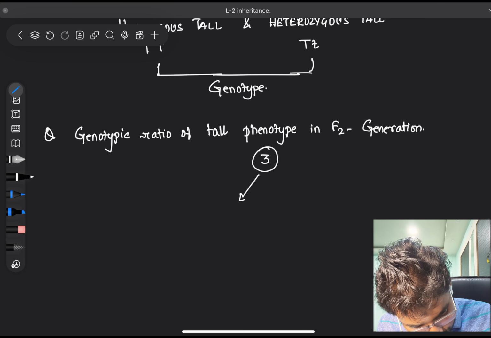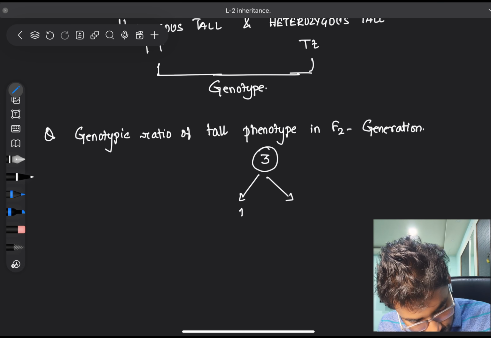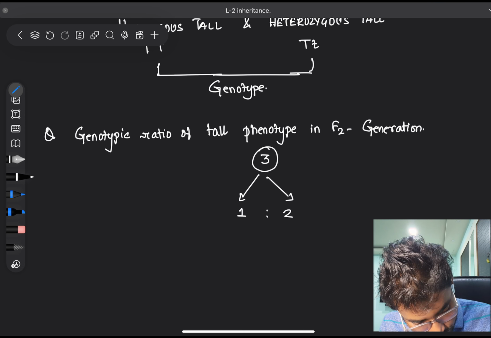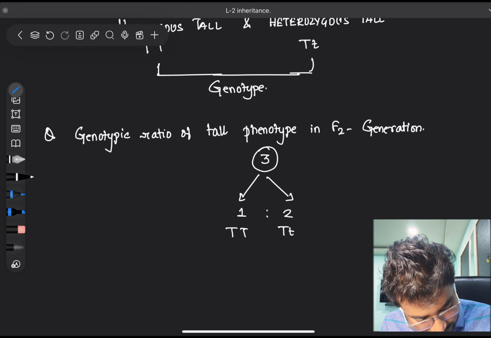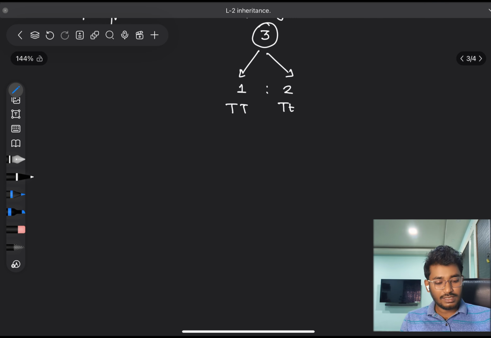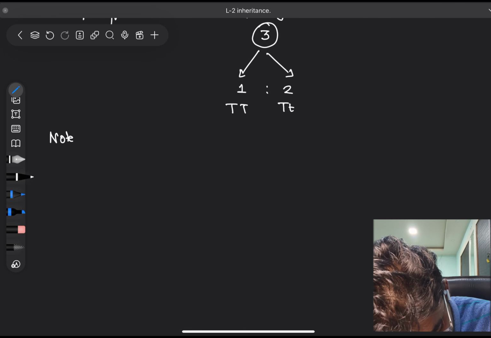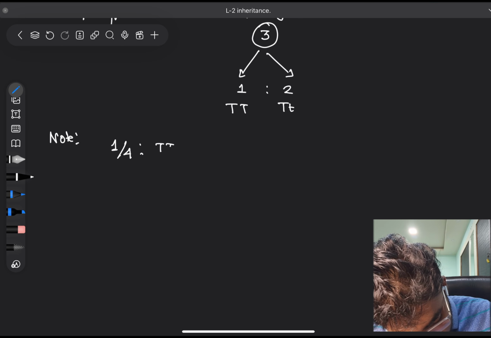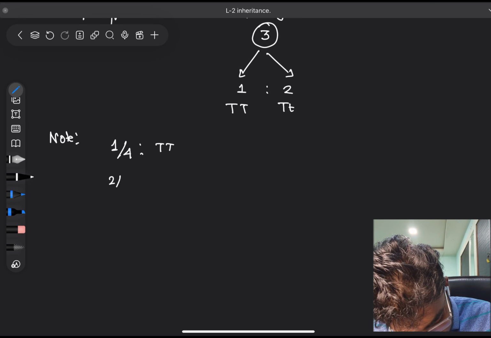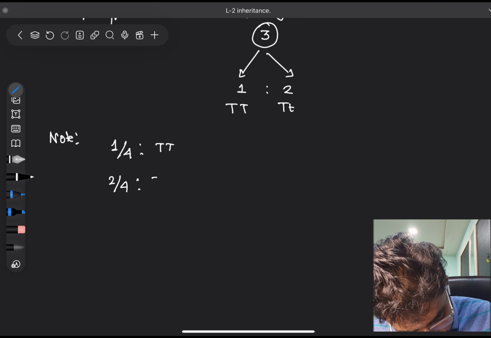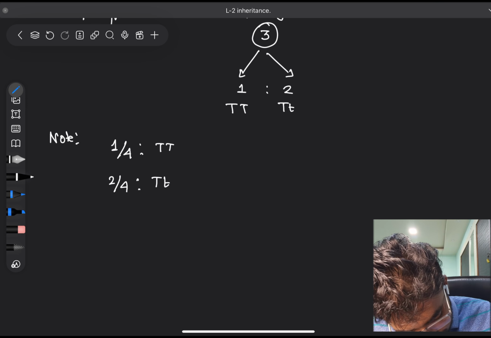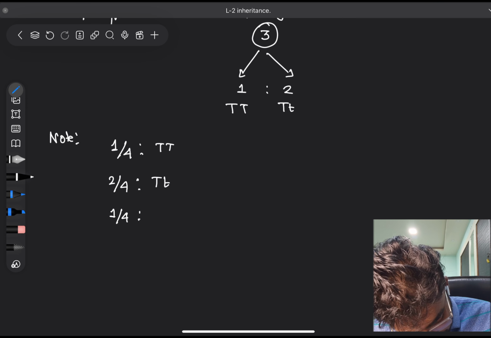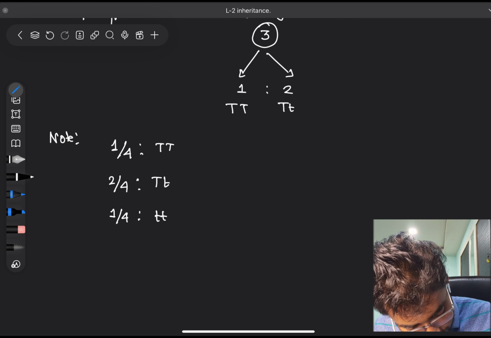That is 3. How? 1:2. Why? How 1:2? One is capital T and another is heterozygous. Okay. Now take it as a note. 1/4 is capital T capital T, 2/4 is capital T small t, that is heterozygous, and 1/4 is small t small t.